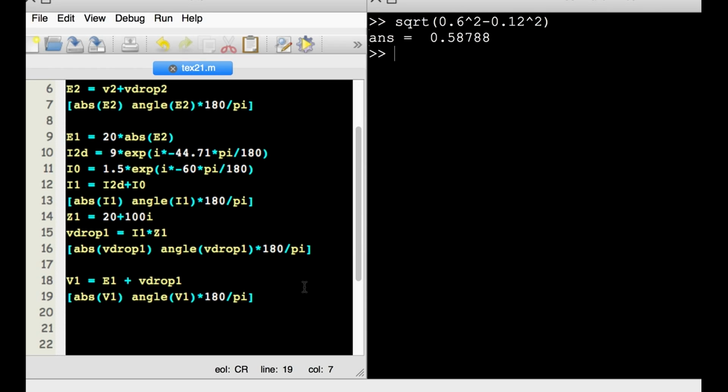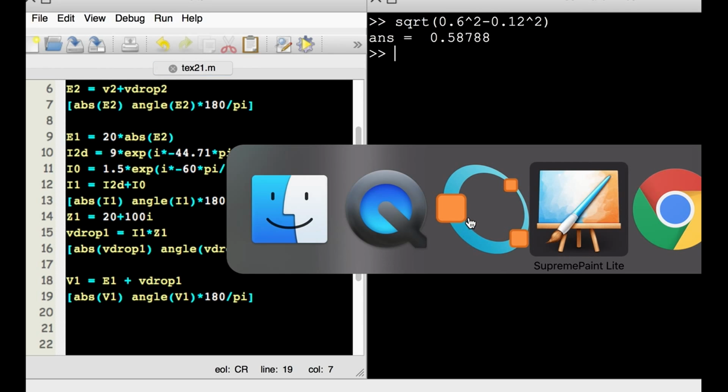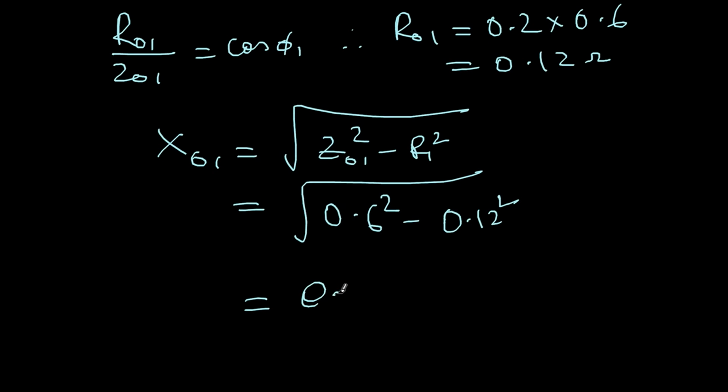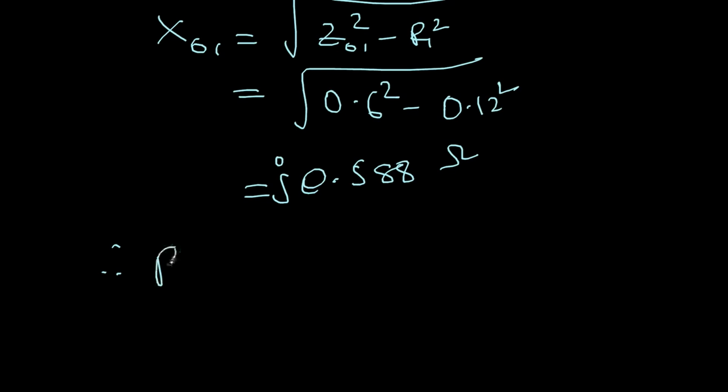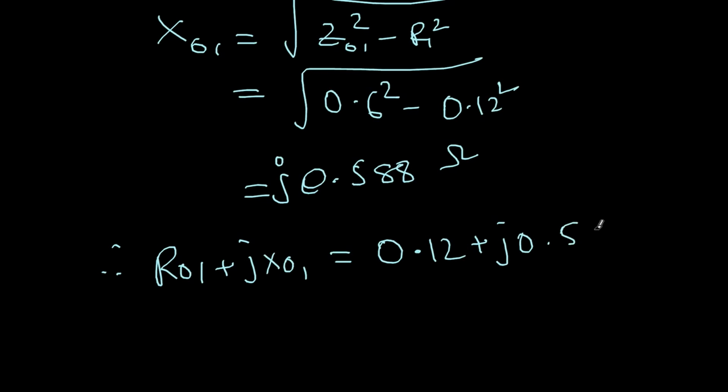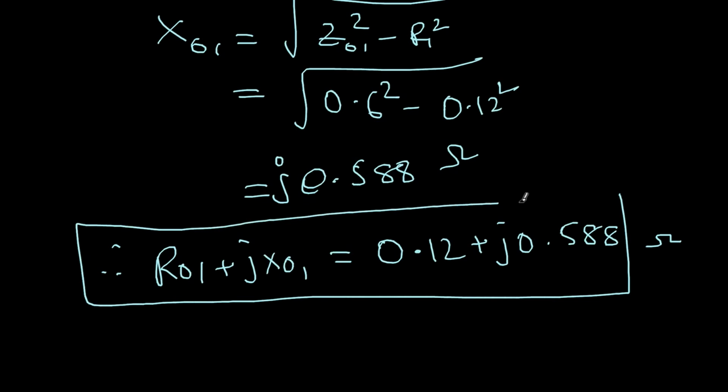So 0.58788, or I'll just round it to 0.588. I'll introduce j and call it ohms. Therefore, R01 plus jX01 is equal to 0.12 plus j0.588. So this is the final answer.